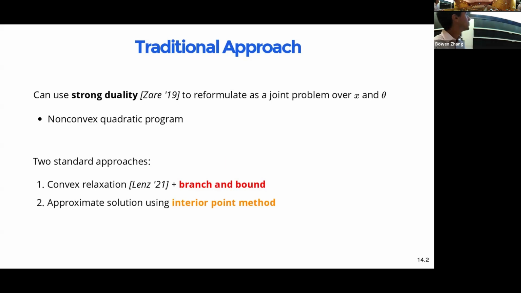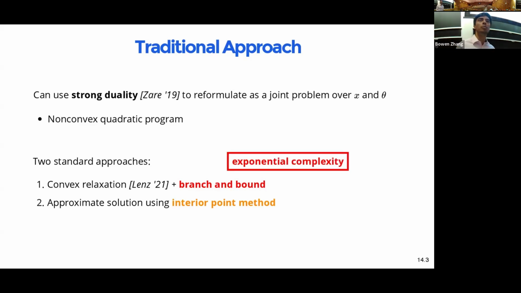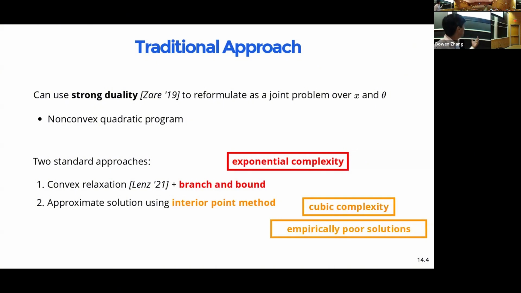This will always find you an optimal solution, but it's exponential complexity in the worst case, and in practice struggles with very large cases. And then second, you can find an approximate solution by using an interior point method. However, these also suffer from cubic complexity and empirically find very poor solutions as the size of the problem increases.